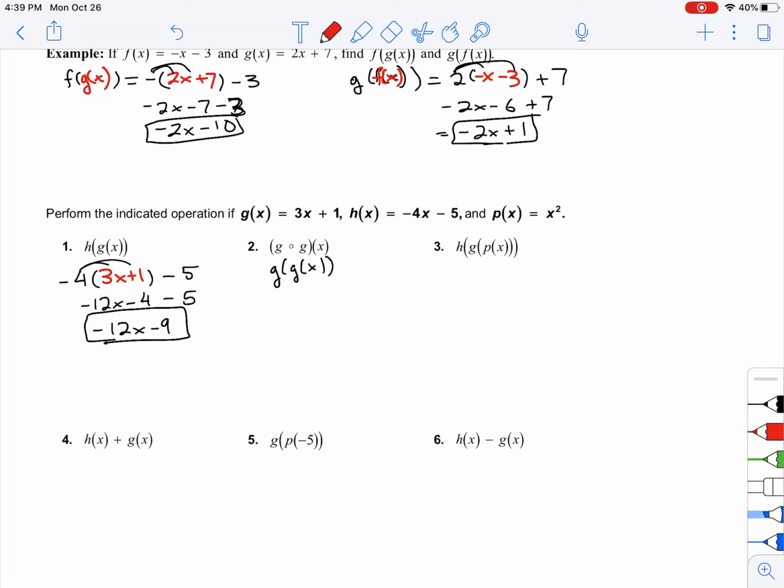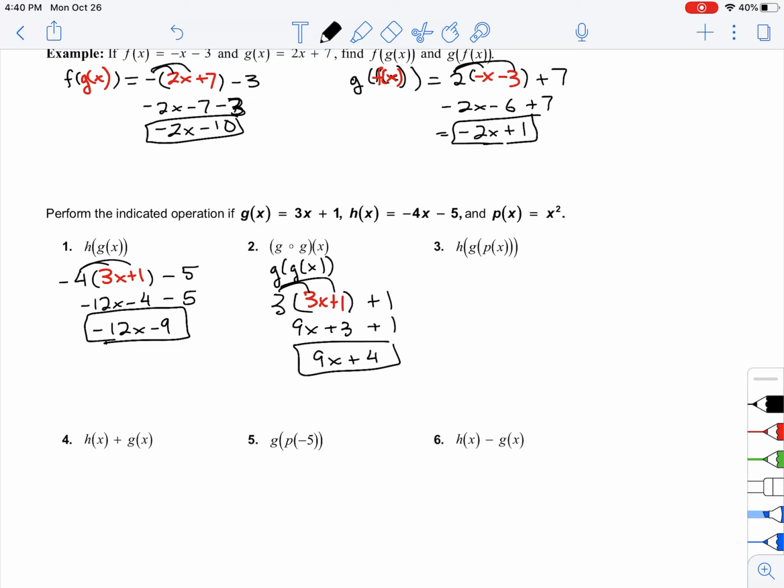So we're going to start with the function g of x, and for x, we're going to put in g of x. So 3x plus 1 also goes there. So we distribute, and we have 9x plus 3 plus 1, combine like terms. So 9x plus 4 is your final solution.